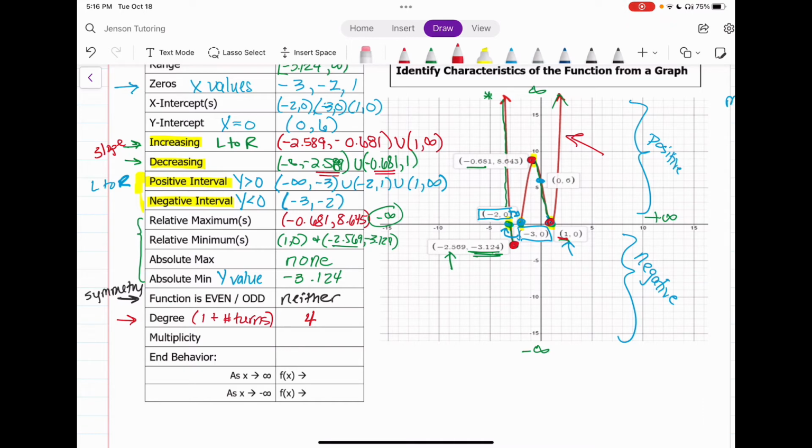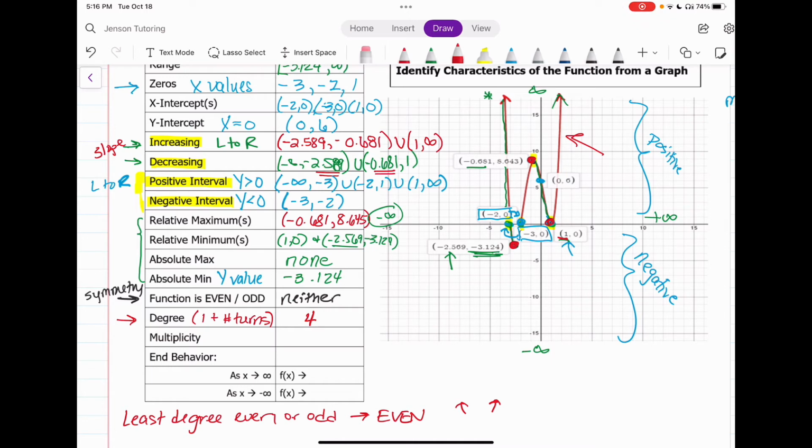And if we want to know whether the least degree or the highest exponent is even or odd, in this case the answer is it has to be even, which of course x to the 4th, 4, is even. But we know that the least degree has to be even because the graph is pointing in the same direction. It has the same end behavior.